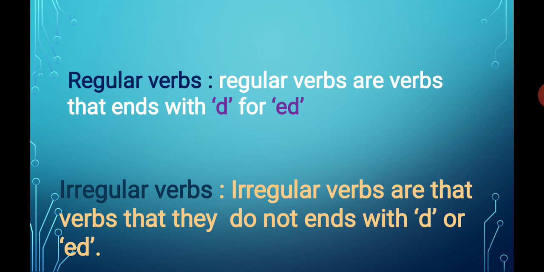It means that verbs formed in past tense by adding D or ED are called regular verbs, and verbs that do not take D or ED in the past tense are called irregular verbs.